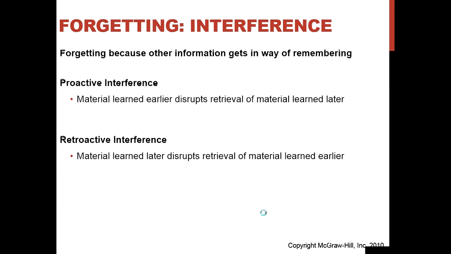There's some disruption in that previously learned material, and so it's much more difficult to retrieve what it was that you originally learned. Okay? So you can have interference on both sides. You can either have the early stuff interfering with what you learn later, or you can have the later stuff be so prominent that you don't even really remember what you learned before. Okay?